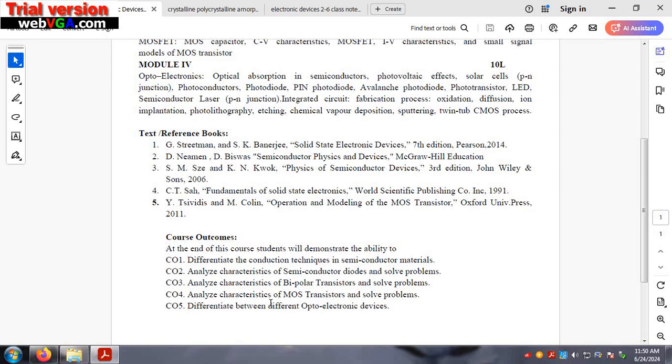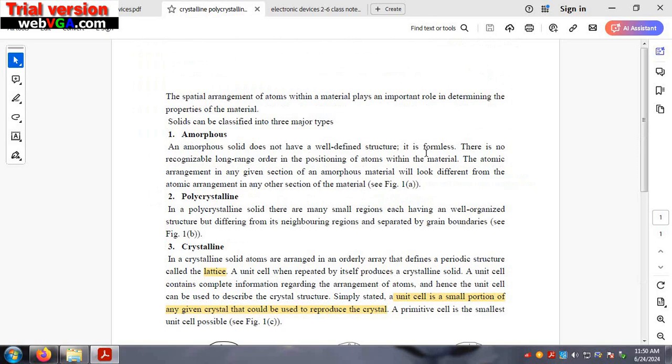So after completion of this discussion, I will start some fundamentals related to this subject. Here I will discuss the structure, that means how the atoms inside the materials are arranged. Depending on that, the properties of the materials are also different.